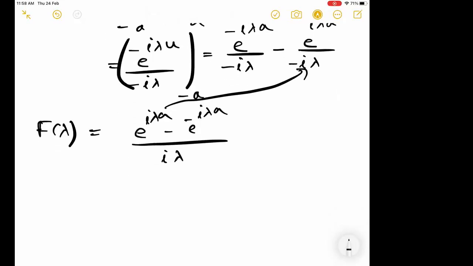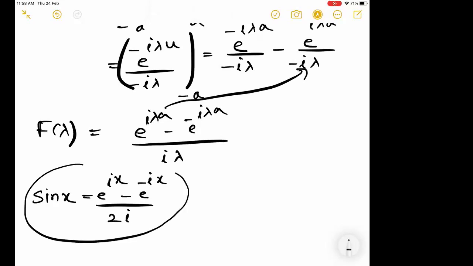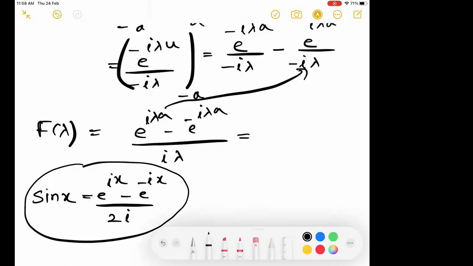And in the Z transform we have already used the sine and cosine functions in the exponential form. If anybody remembers, what is sine x? Do you remember this form? Sine x is e raised to ix minus e raised to minus ix divided by 2i. So how can I write this f lambda into sine function form?